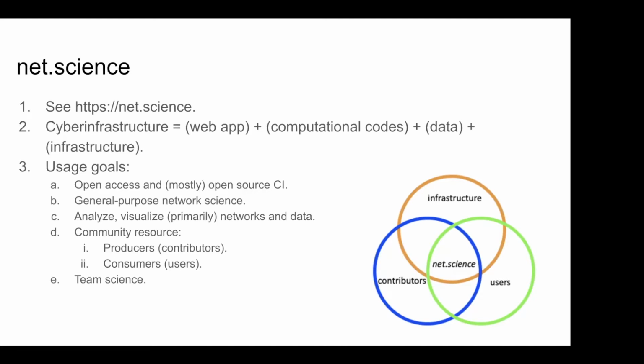We talked about general purpose network science. And so the idea is to analyze and visualize primarily network data or network related data. What we're hoping to achieve is that producers and consumers are both motivated to come here because of its use and the ability to put new codes and data into the system that can hopefully attract users.